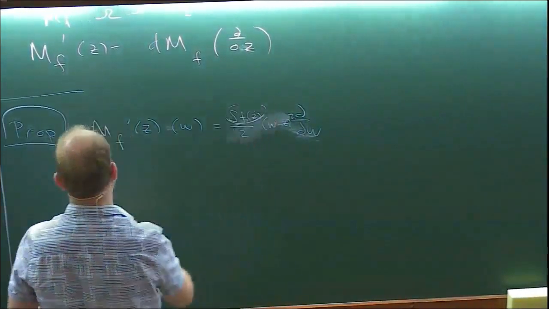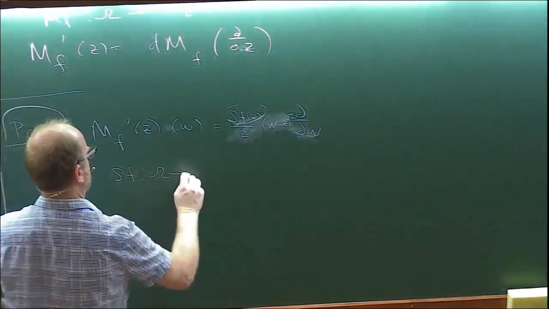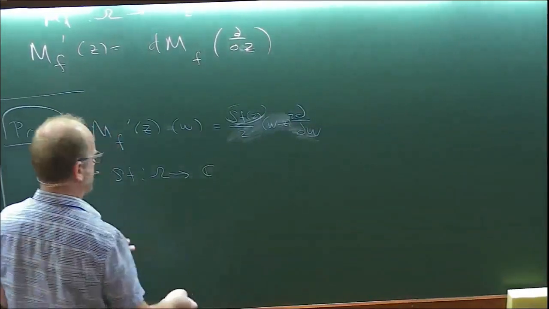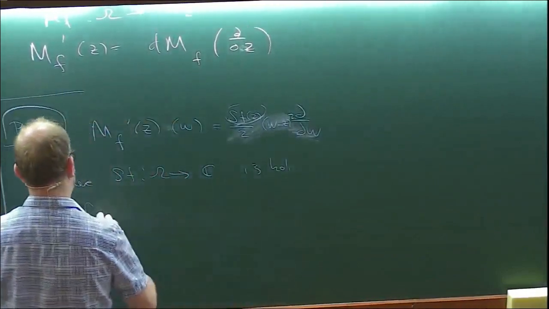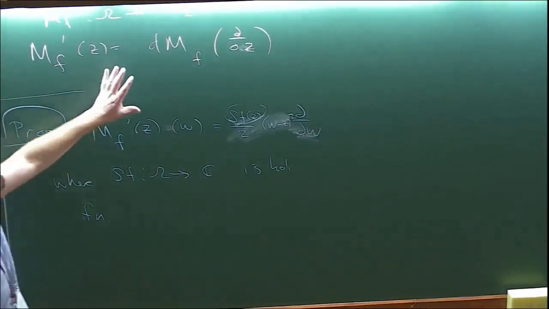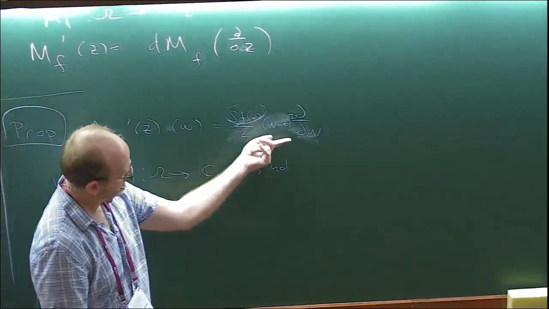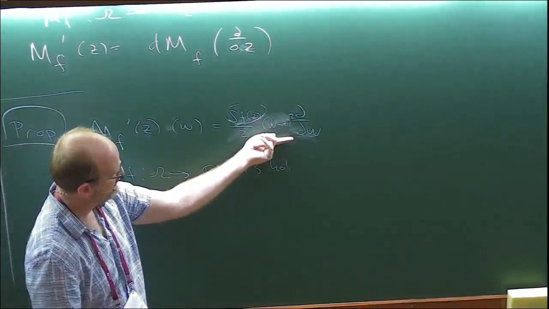And this function here is going to be a holomorphic function. So when we take this derivative, we're going to get this very special vector field at each point, on the whole Riemann sphere.